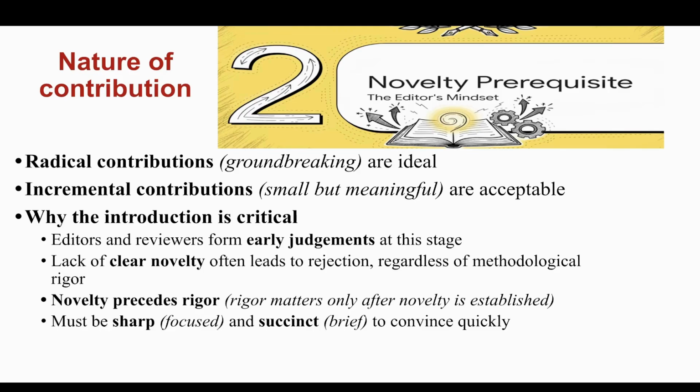We must also be focused; it should be very sharp and very brief, because, remember, since the starting we are saying that we have a word limit on the title, that is between 5 to 10 words. We have a word limit on the abstract, that is around 150 words. Now in the introduction also we should limit the number of words. Across the article, we know that in the journal we have to finish the entire thing in around 8,000 words including the references, right?